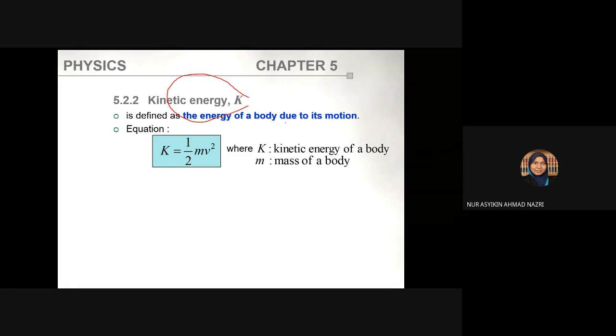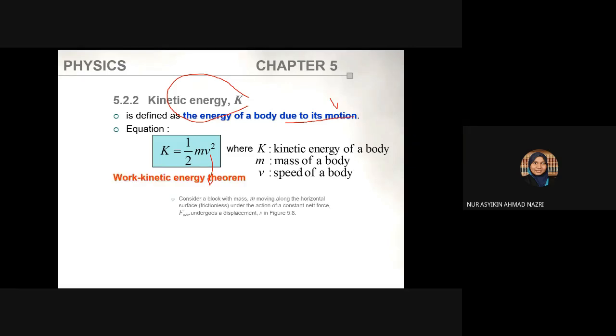Okay, sebab dia kata due to its motion must have velocity. If no velocity, then your kinetic energy equals 0. Then kena check lah. Kalau kinetic energy 0, apa energy yang dia ada? Mesti kena ada juga sebab energy cannot be destroyed. Okay, kalau dia duduk saja tu, dia ada energy apa? Mesti ada, mesti kena ada.